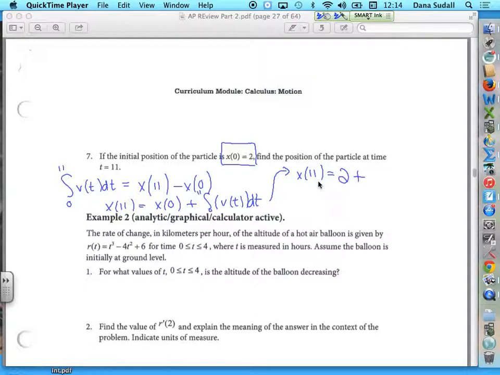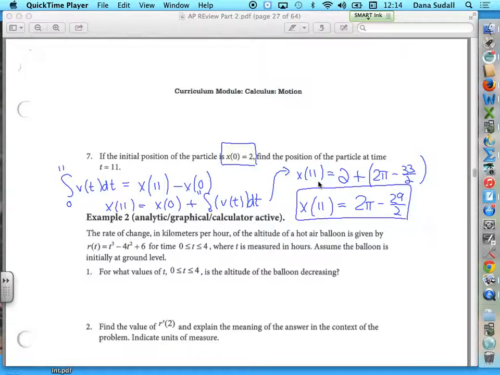This integral we just figured out in the last part, we said it was 2 pi. And we wrote it, I didn't combine it together, but I did here. It was minus 33 over 2 for that one. Now you could leave it like that. If you want to simplify it and combine those two fractions together there, you'd have 2 pi minus 29 over 2. Right, so your position function there.